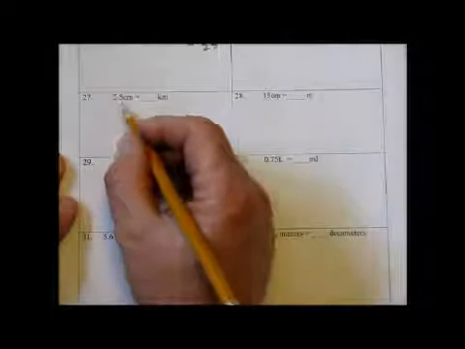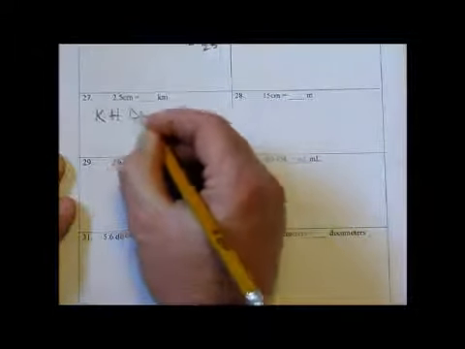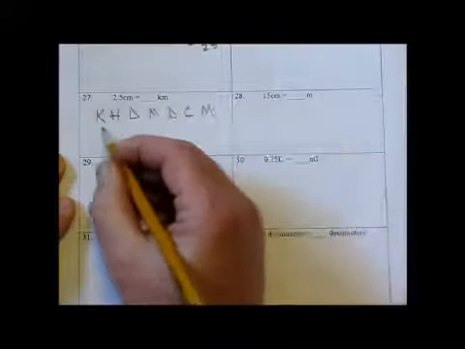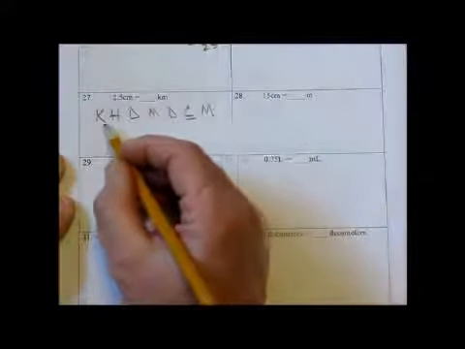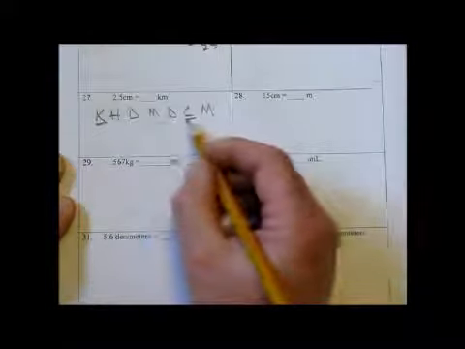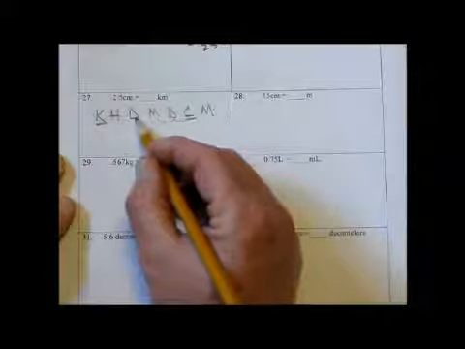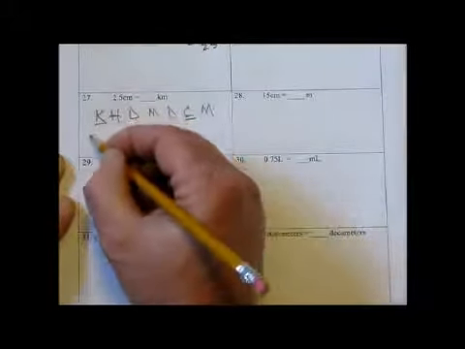Okay, now we get some conversions within the metric system here. We're going to go centimeters to kilometers. Remember, King Hector died Monday drinking chocolate milk. So centimeter is here. Kilometer is here. We're going to have to move that decimal over 1, 2, 3, 4, 5 places to the left.